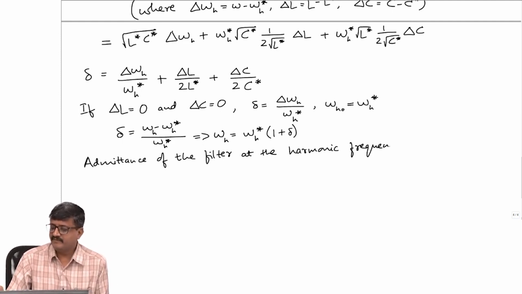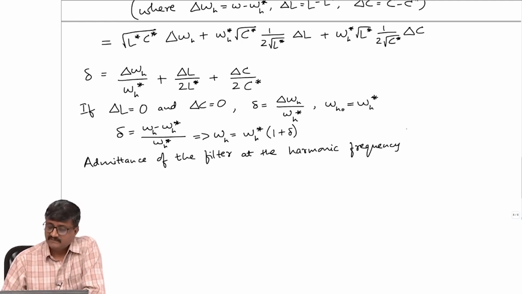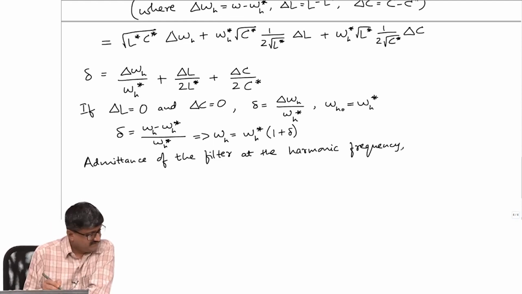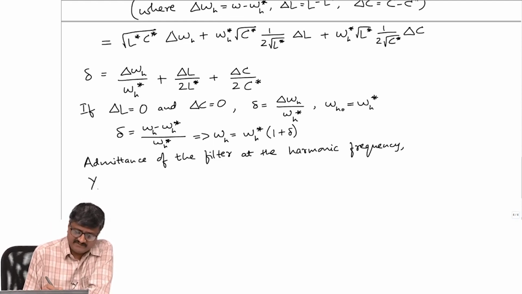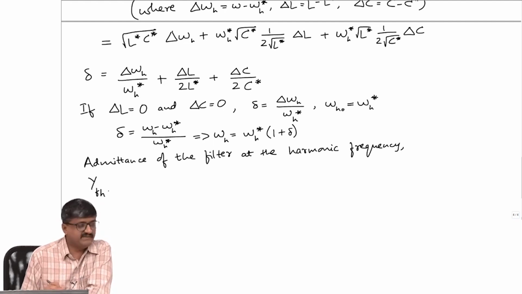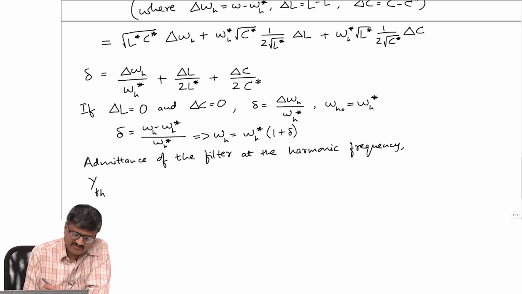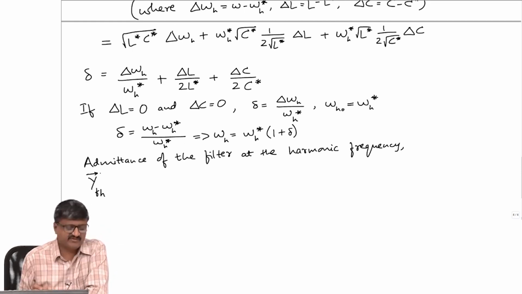Now, please note admittance and impedance are dependent on frequency. So, if I take admittance of the filter YF, and since I am evaluating it at the harmonic frequency, I add one more subscript H, and this is a complex number. So, I just use an arrow to indicate that it is complex.